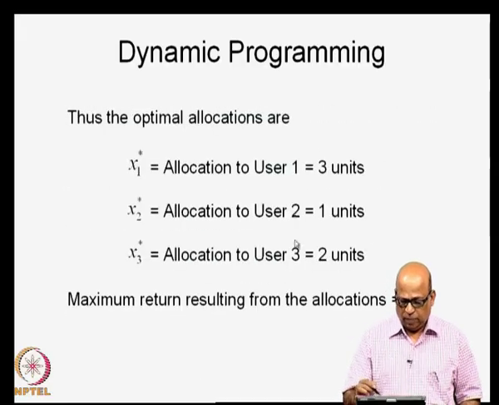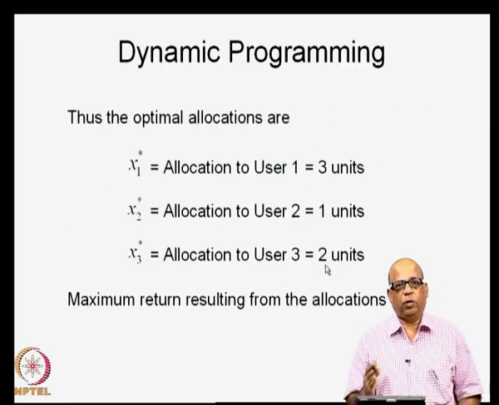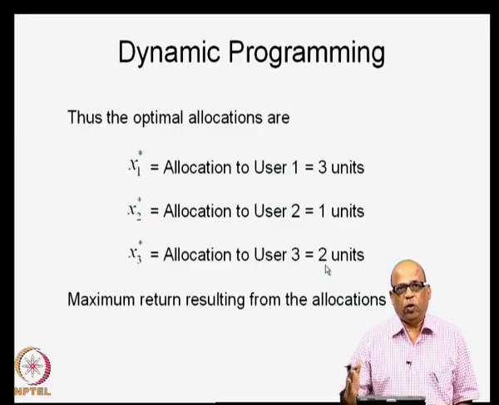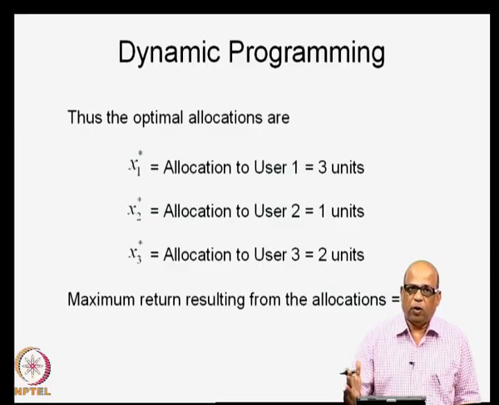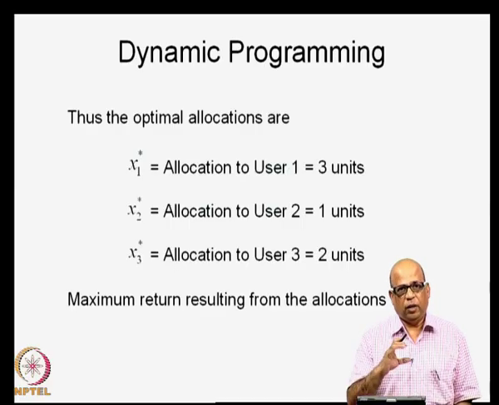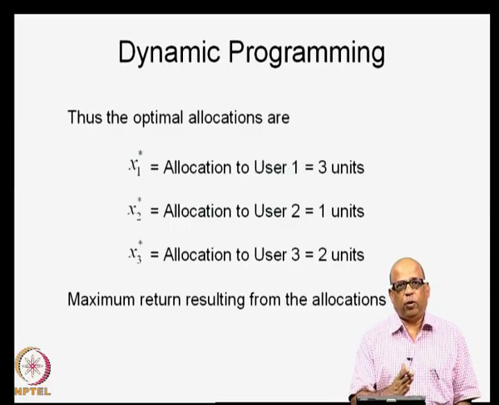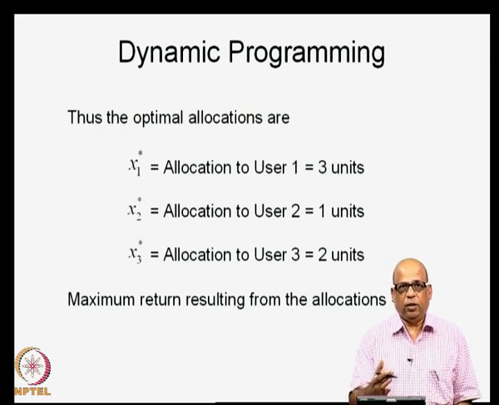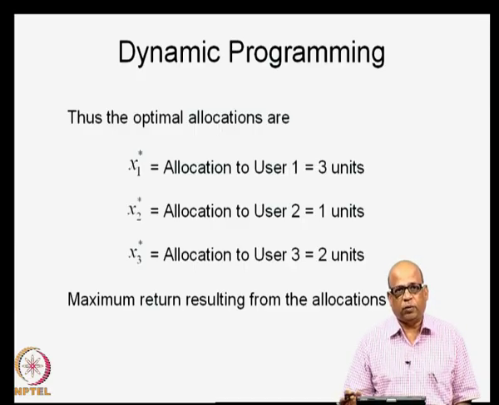So, this is the way we trace back the solutions after you solve the problem for including all the stages. So, you included all the users and then solved at the last stage, you solved the problem for the total amount of water available, from which you get the allocation to be made to that last user that was included, in this particular case user 3.